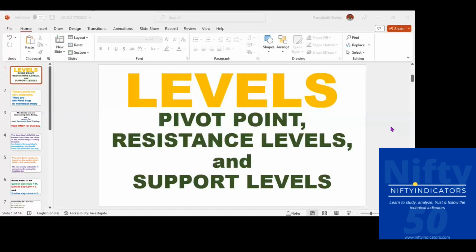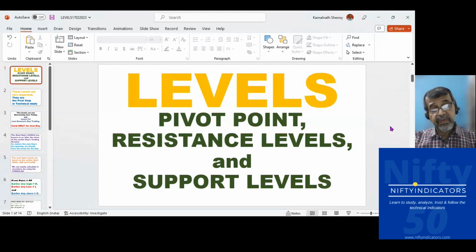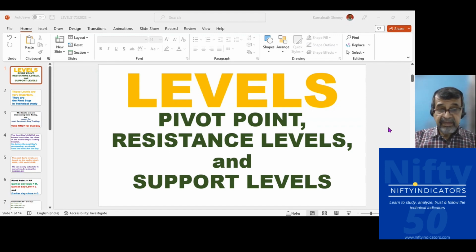You see, the levels when we're talking of pivot point, resistance levels, and support levels. These resistance levels, support levels are basically calculated on earlier day's high, low, and close.